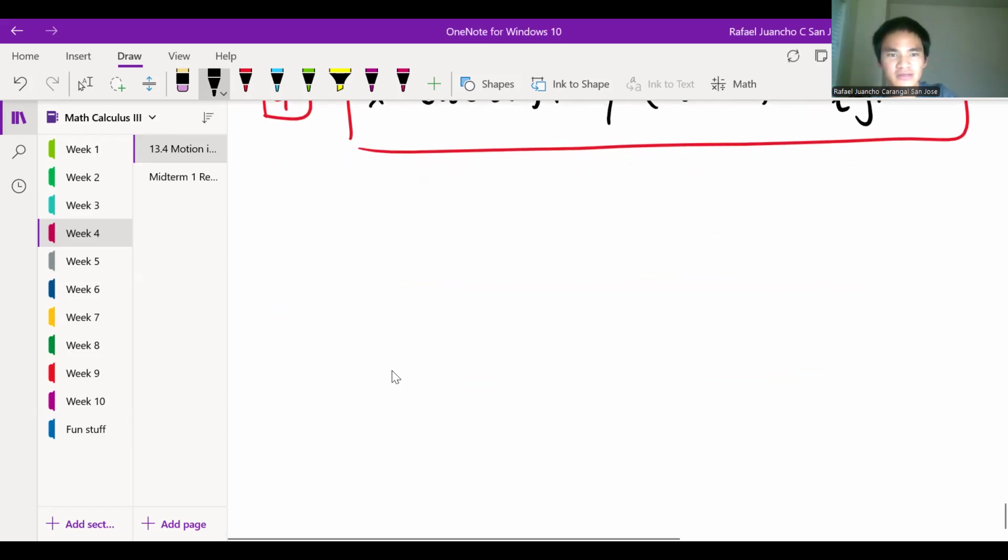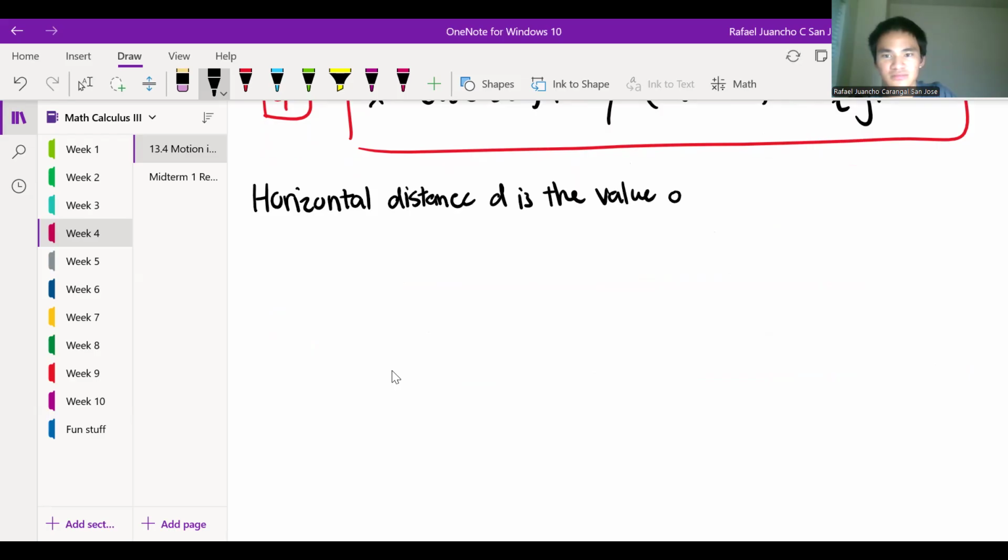So here we're saying the horizontal distance, which we'll just call d, is the value of x, specifically when y is 0, right? And when we set y to 0, what t do we obtain?